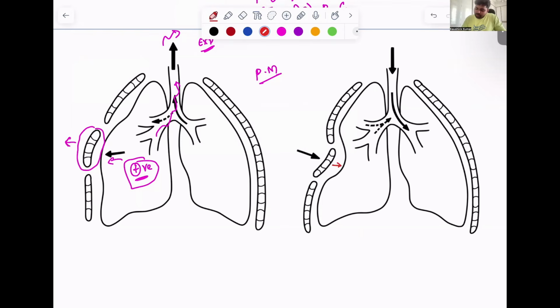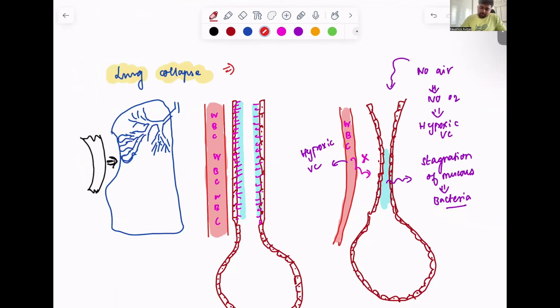Because of this inward movement of the flail segment, this part of the lung parenchyma gets compressed, and because of this compression, this entire part goes into lung collapse. So this is the flail segment that is going to impinge the underlying lung parenchyma, causing lung collapse.